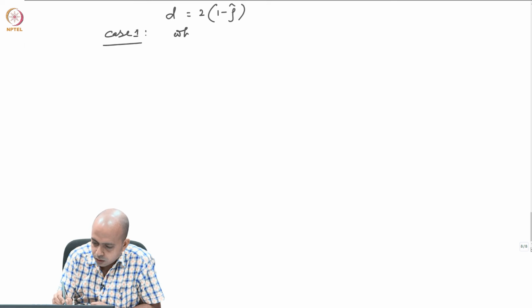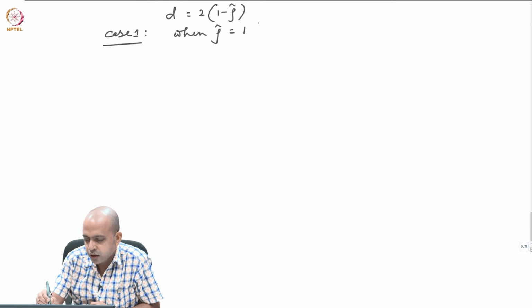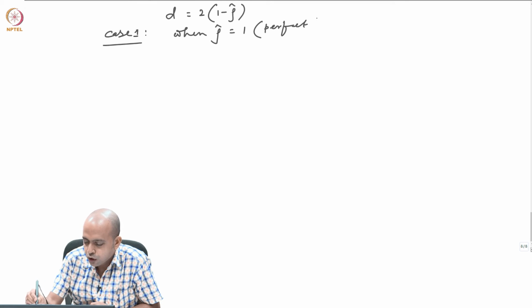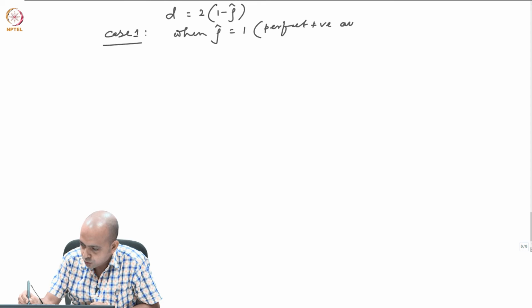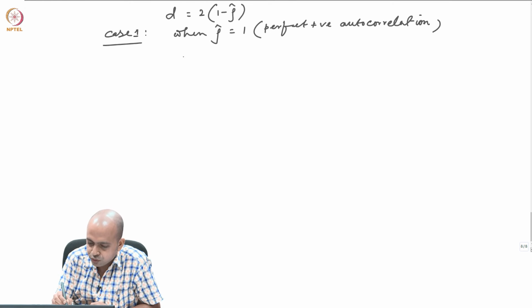When rho hat equals 1, that means perfect positive autocorrelation, then what will happen to d?